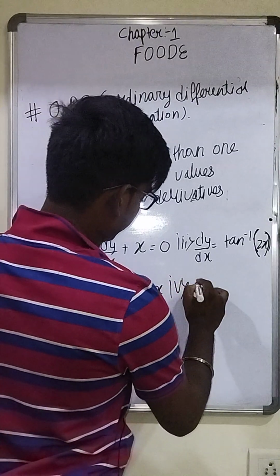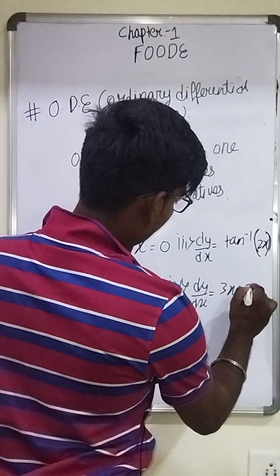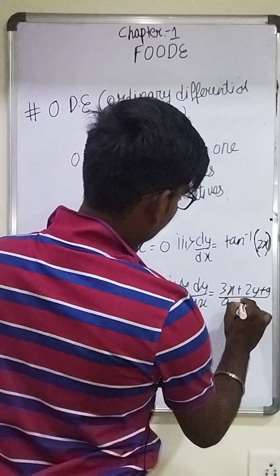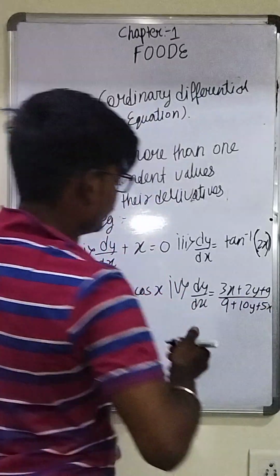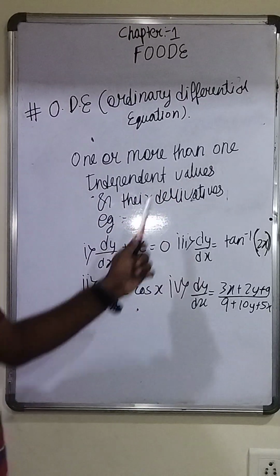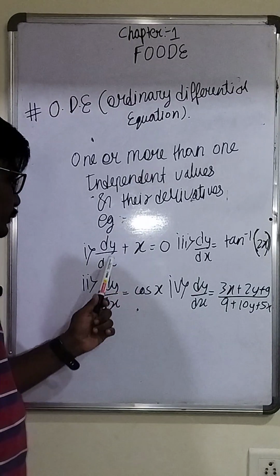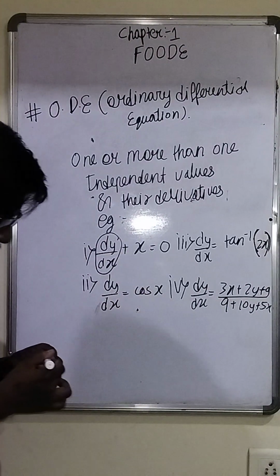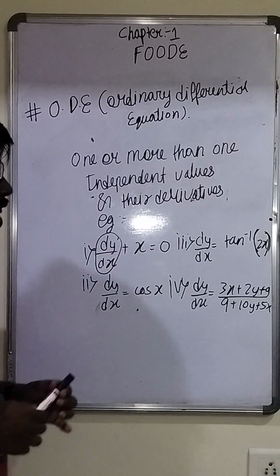And last is dy by dx equal to (3x plus 2y plus 9) divided by (10y plus 5x plus 9). These are also differential equations. These all have independent variables and their derivatives. So this is the ordinary differential equation.